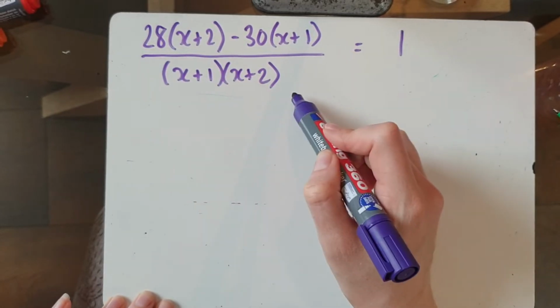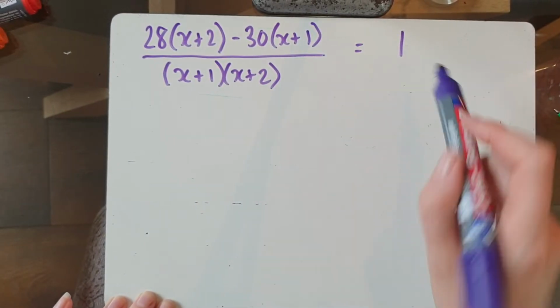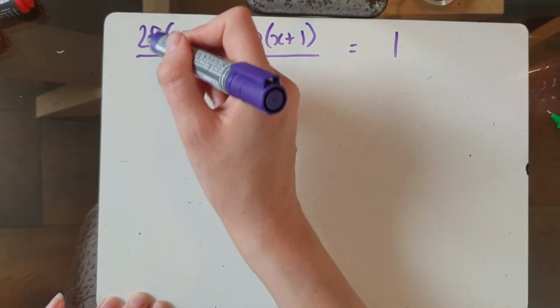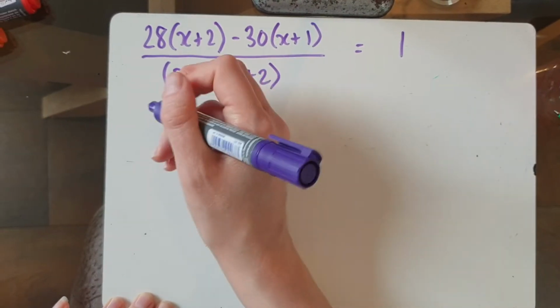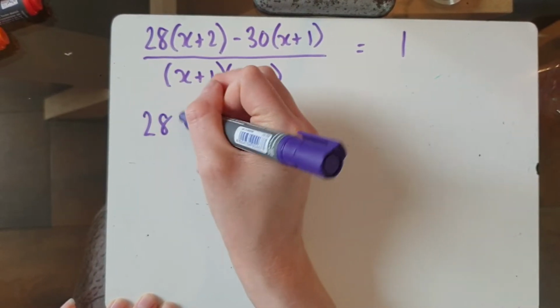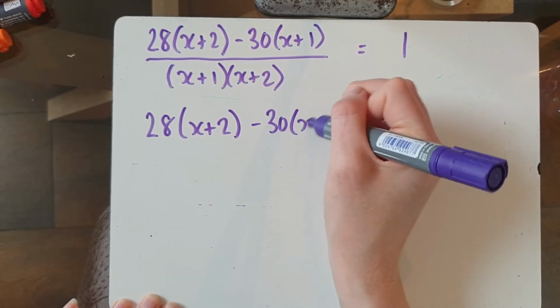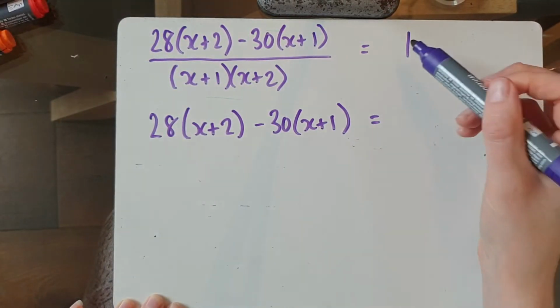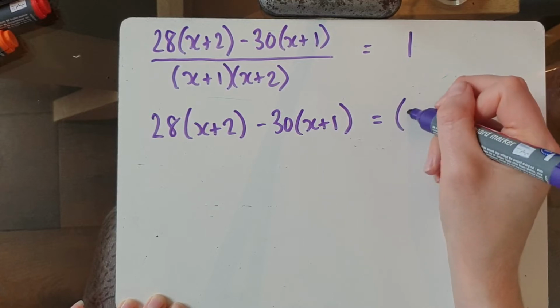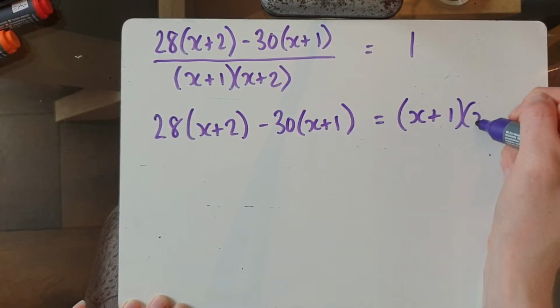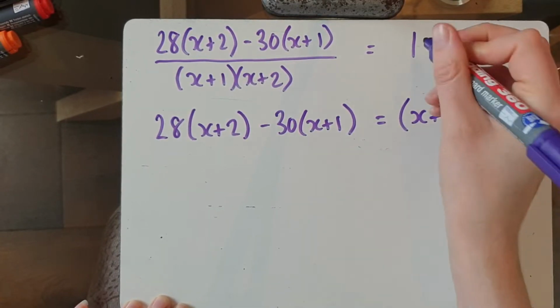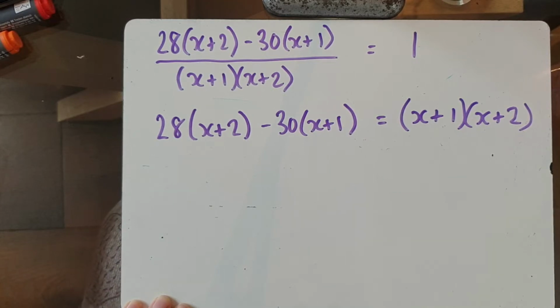That will get rid of the denominator on this side and multiply on this side. If I multiply this side by (x + 1)(x + 2), I just have (x + 1)(x + 2), because it was multiplied by 1.